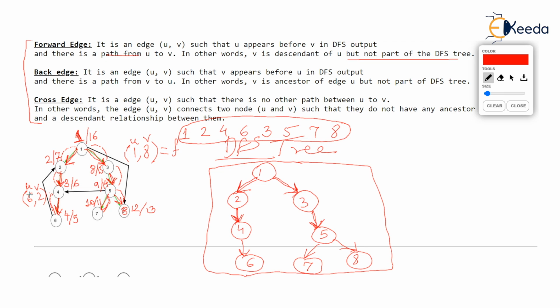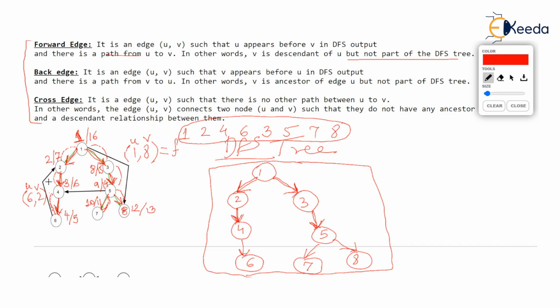See, v appears before u in the DFS output and there is a path from v to u. Now, is there any path from 2 to 6? Can you go from 2 to 6? Yes. From 2 to 6, you can go as follows: 2 to 4, 4 to 6. So u comma v, 6 comma 2, is a back edge.